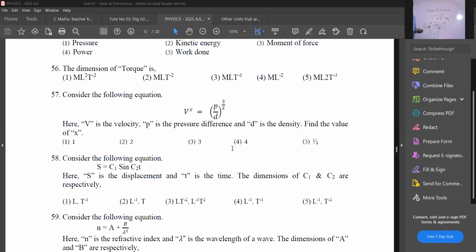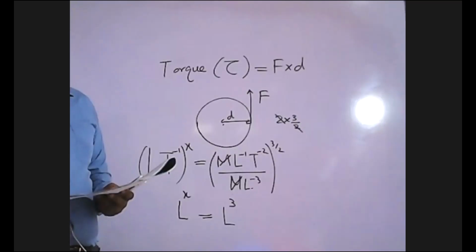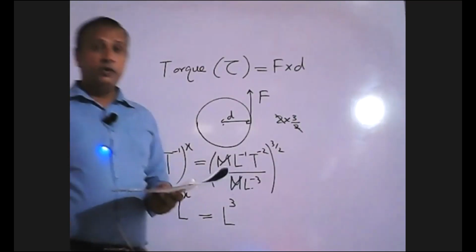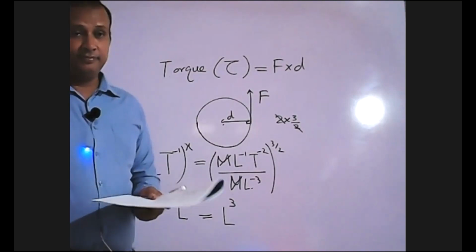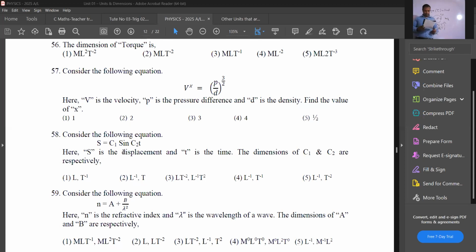Then 58. What is the answer? So is it the first one? First one. Yes, very good. Others? Yes, first one. How did you get that one? Since there is sine, that means there's an angle.